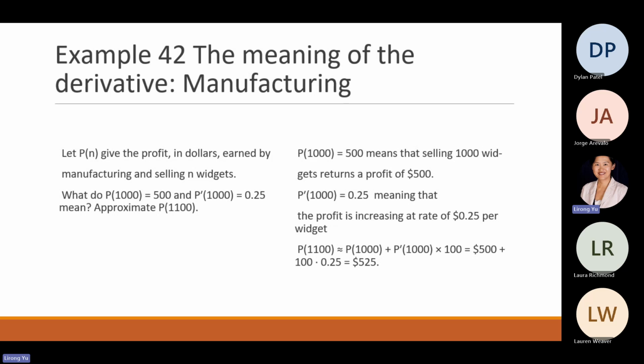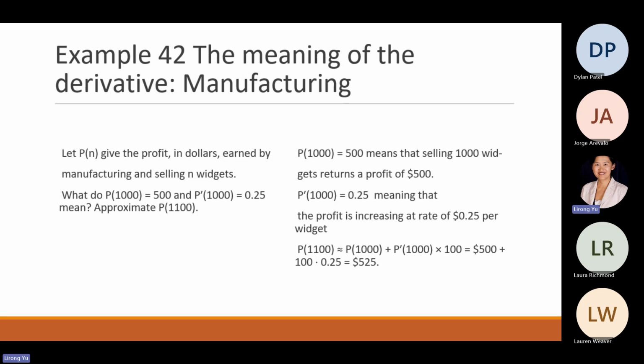What's the profit? So of course, making 1,100 should definitely be more than making only 1,000 products. So it should be the profit at 1,000 plus some change. Here we're going to take the derivative as the rate of change.